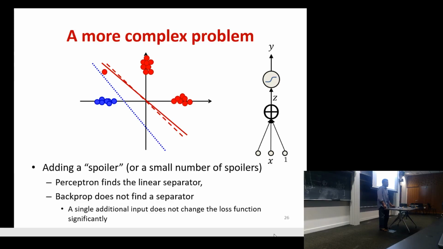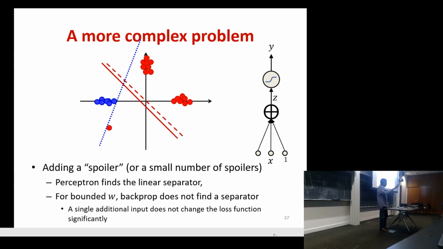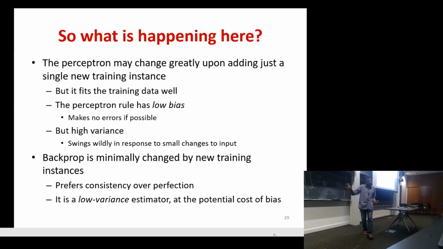In every single case, if I have a sufficiently large number of these other dots, the gradient descent rule is going to wiggle its solution a little bit, but it's not going to go chasing that one dot all over the place. Whereas if you use something explicitly optimized for classification error, like the perceptron rule, it's going to find the correct solution. Now, is this a bug or a feature?